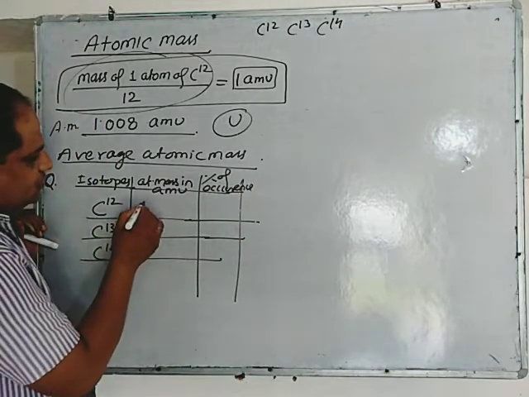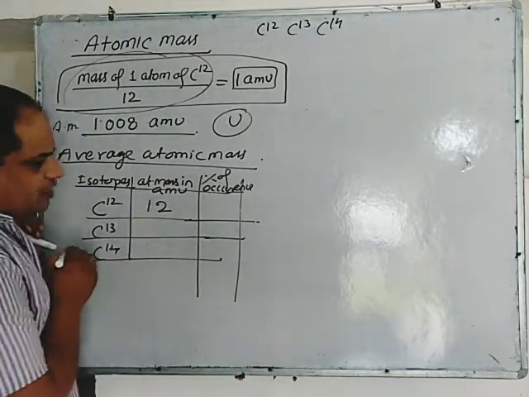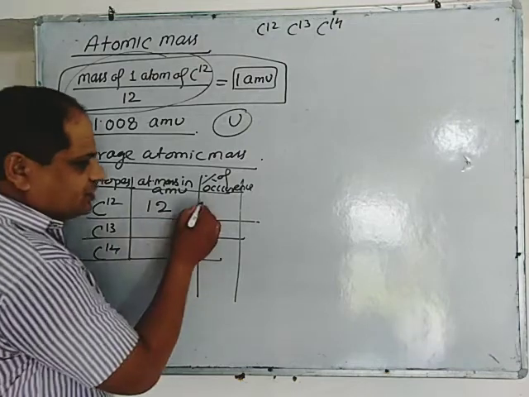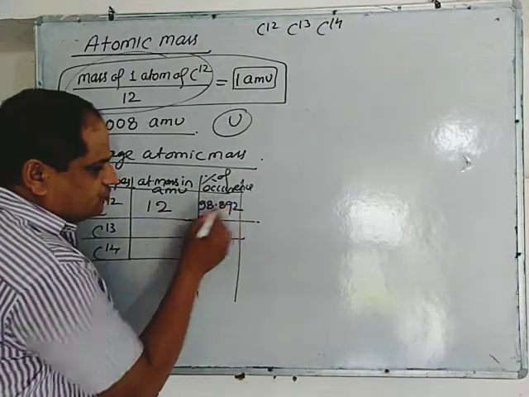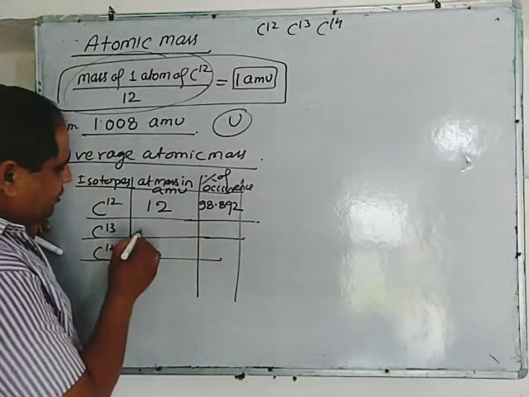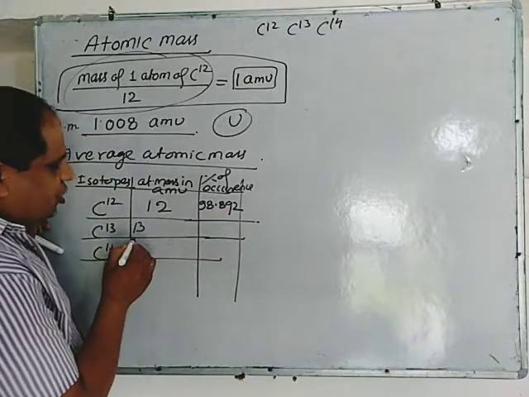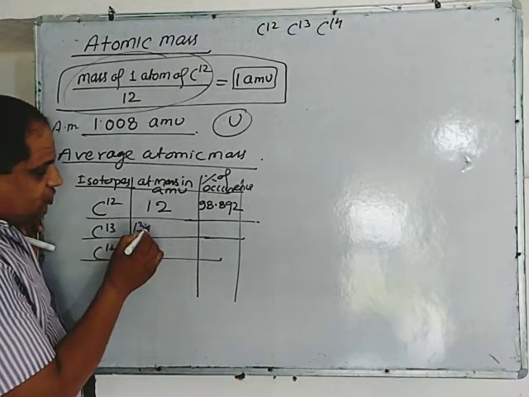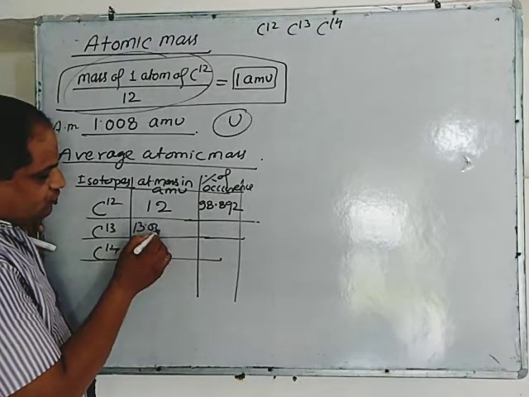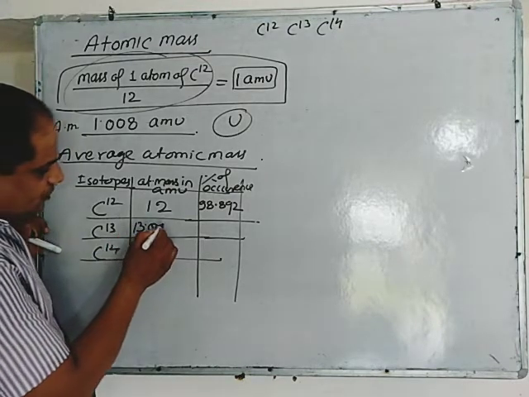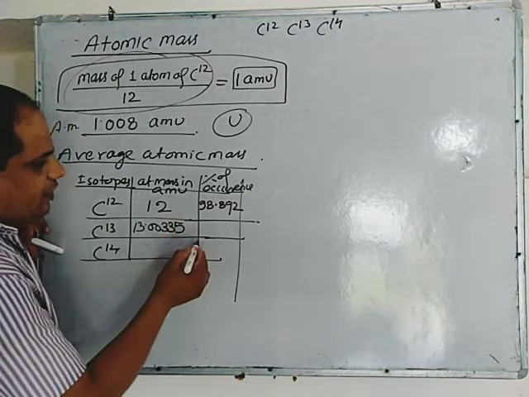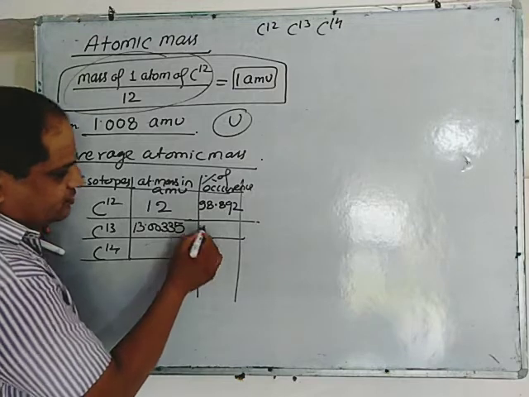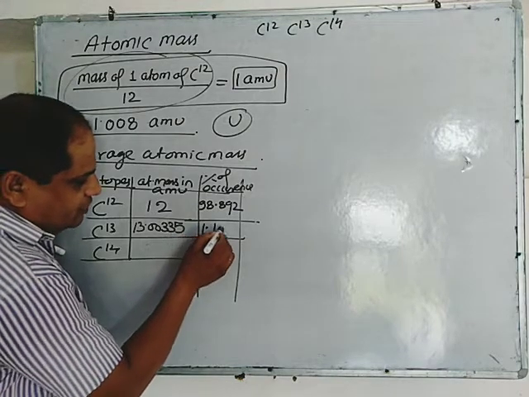C12 is 12 AMU. Its percentage is 98.892. C13, its atomic mass is found to be 13.00335 AMU, whereas its percentage of occurrence is 1.108.